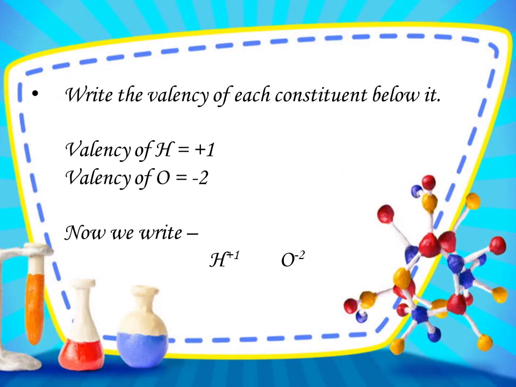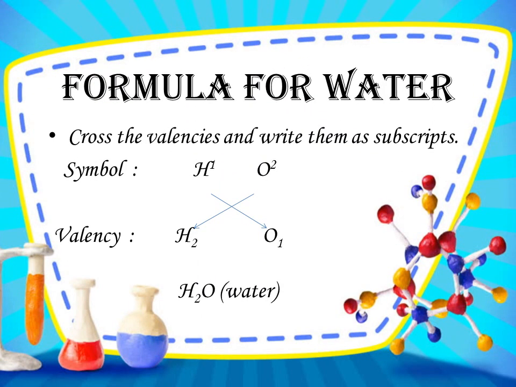Now, write the valency of each constituent below it. The valency of hydrogen is plus 1 and the valency of oxygen is minus 2. Now we can write it as hydrogen with the superscript plus 1 and oxygen with the superscript minus 2. In the third step, cross the valencies and write them as subscripts.